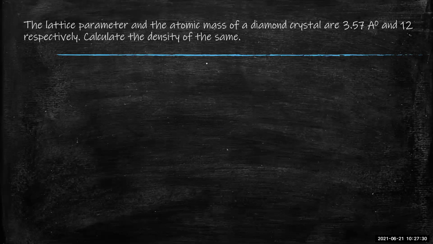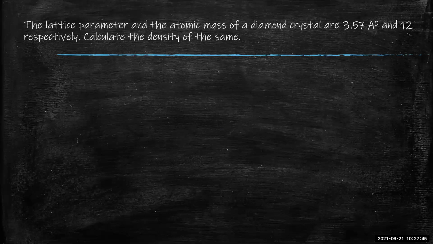Here the question is, the lattice parameter and the atomic mass of diamond crystal are 3.57 angstrom and 12 respectively.